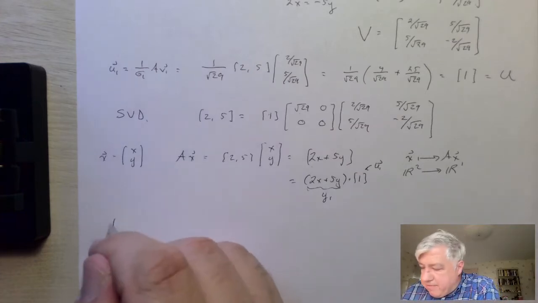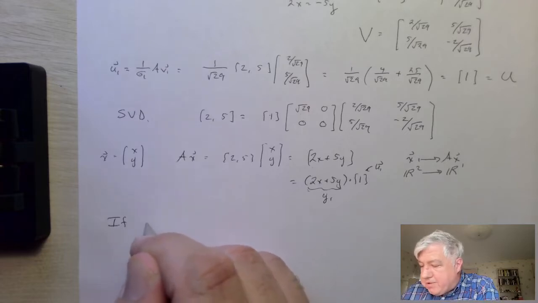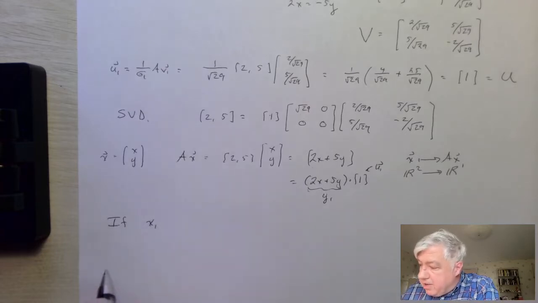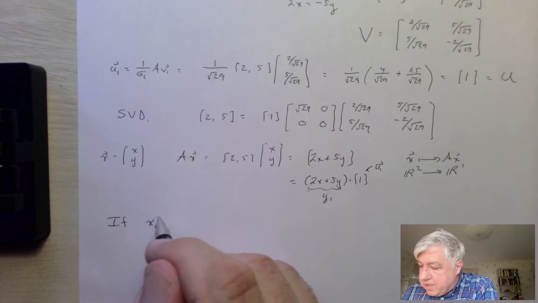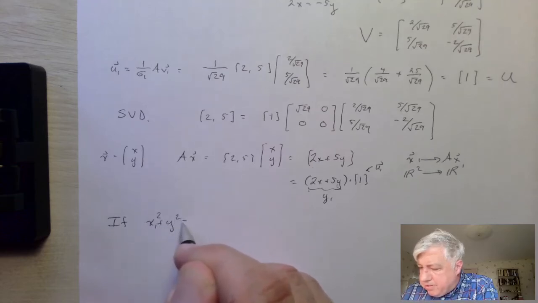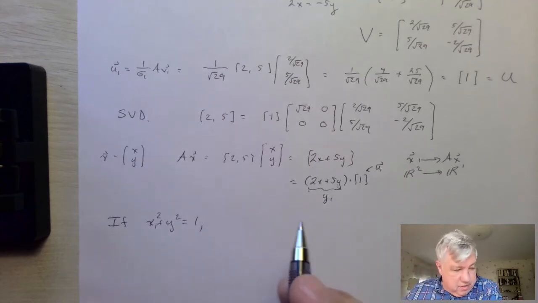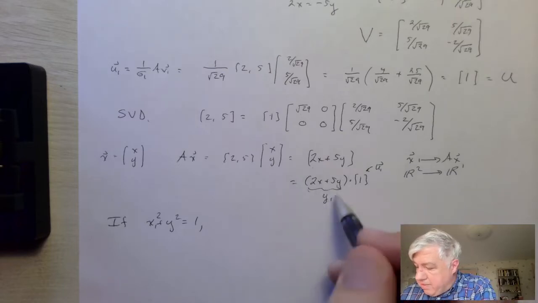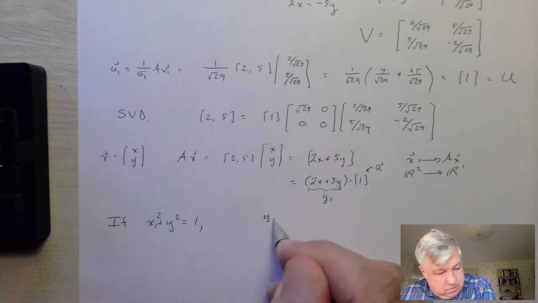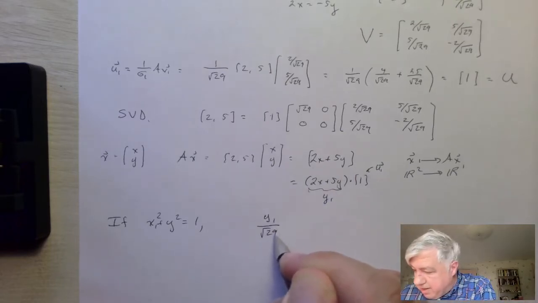So what we get is that if we restrict our input values to the unit circle, that is, if x squared plus y squared is equal to 1, then we get this value y1 divided by the square root of 29.